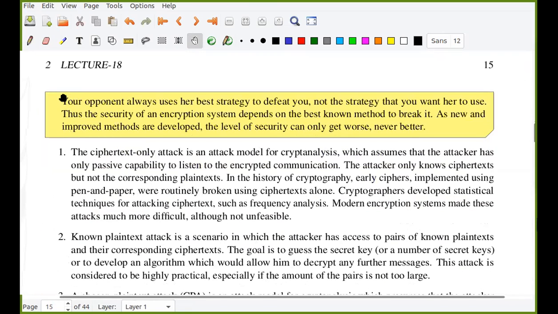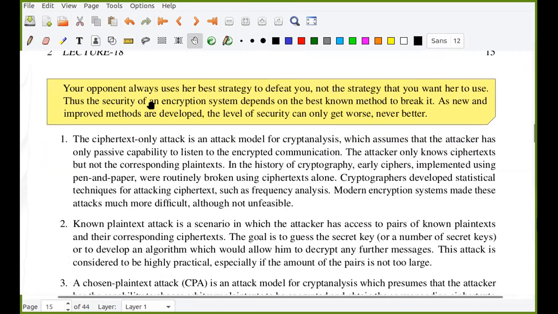Before that, try to understand this: your opponent always uses the best strategy to defeat you, not the strategy that you want her to use. The security of an encryption system depends upon the best known method to break it. As new and improved methods are developed, the level of security can only get worse, never better.